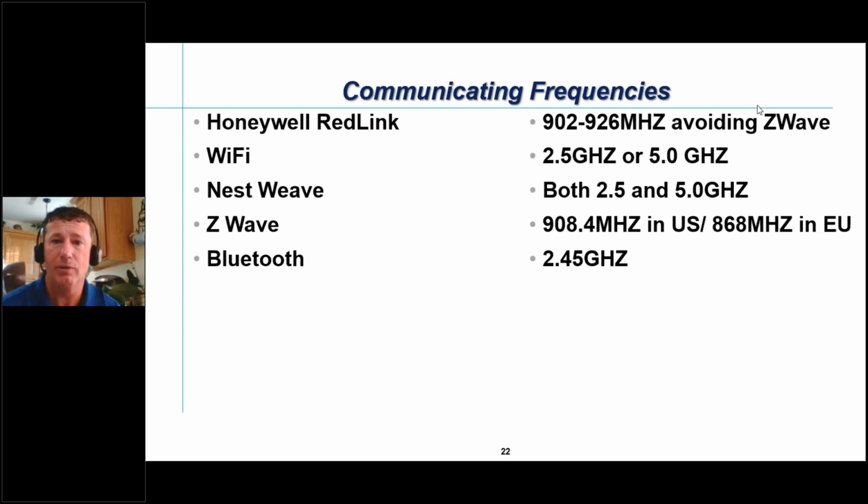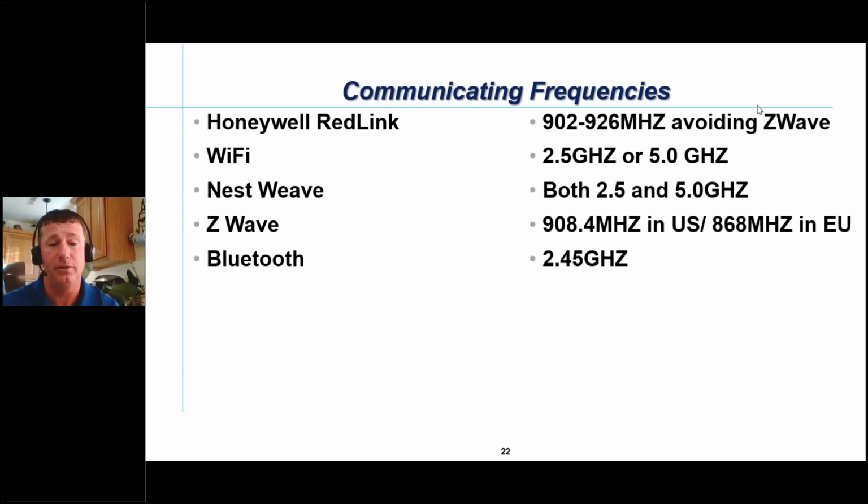We're literally just using radio frequency, and it bounces between 902 megahertz and 926 megahertz. It tries to stay away from the Z-Wave, which here in the United States is 908.4. If you go to Europe, it's actually 868. So it tries to avoid the Z-Wave because there are a lot of other appliances talking in that 908 range. So it bounces back and forth.